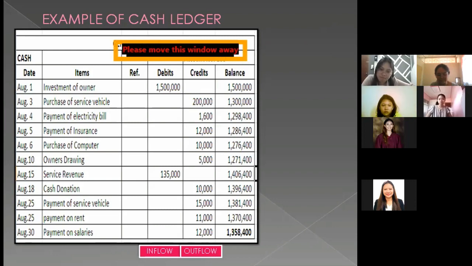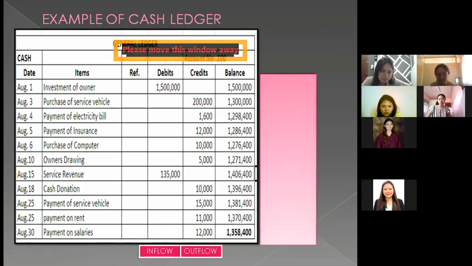So, next naman is i-classify natin kung operating, investing, o financing ba ang bawat transaction. So, una na dito is investment of owners. Ang investment of owners ay financing. Next is purchase of service vehicle is investing.